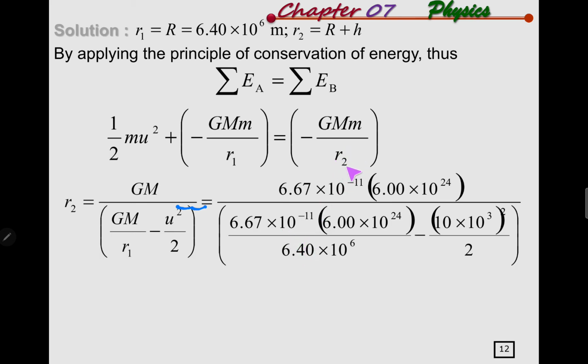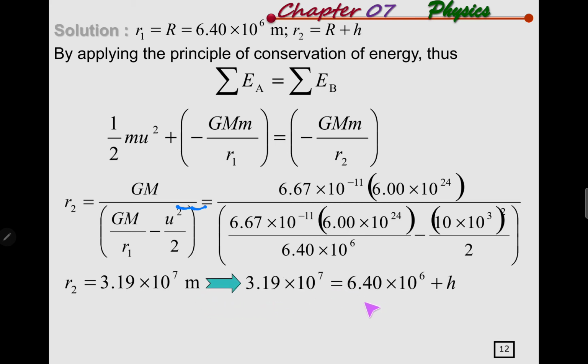So solve it, and once you solve it, r2, you will end up with 3.19. This value r2 is equivalent to the radius plus the height from the surface. So to obtain the height from the surface, we subtract the radius of the Earth from r2, where we end up with the final answer over here.